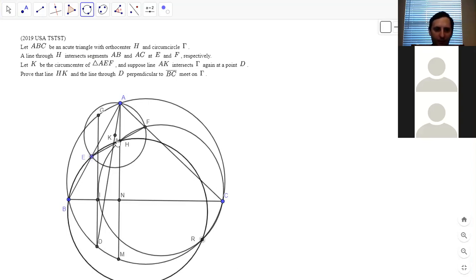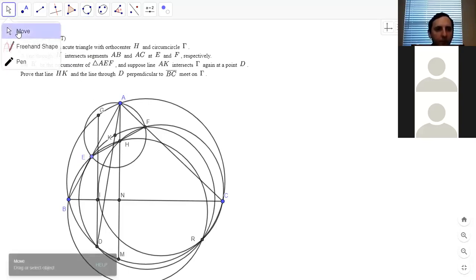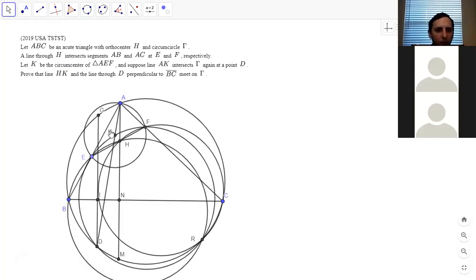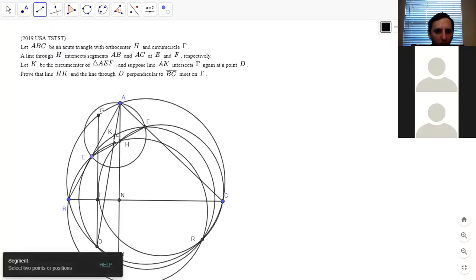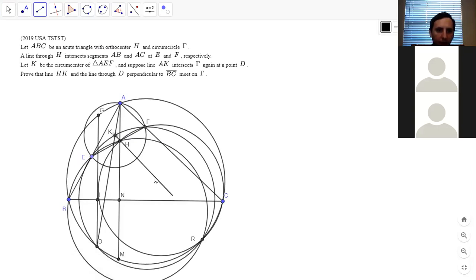Okay, that makes sense to me. And we easily have K, H, R are collinear. Because how do we know that? Just, RH is the angle bisector of ERF, right?